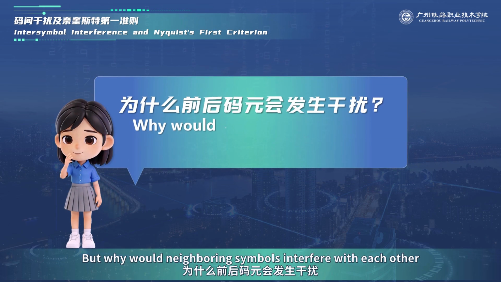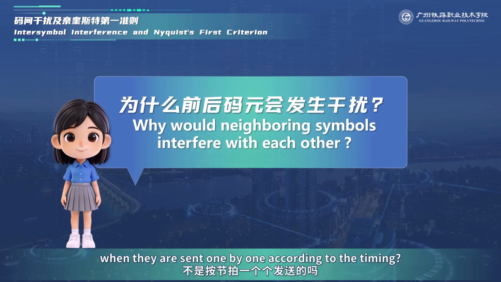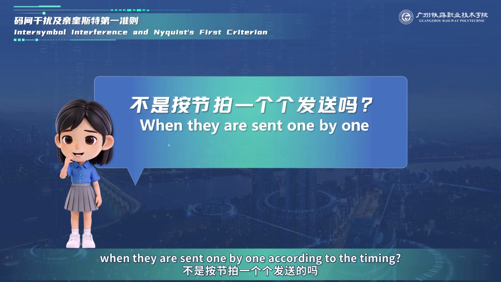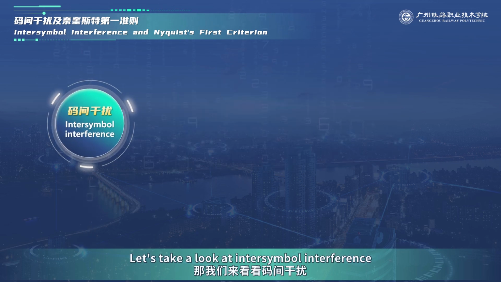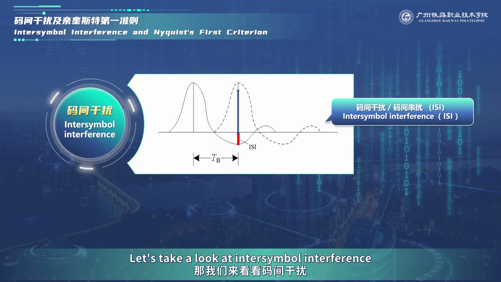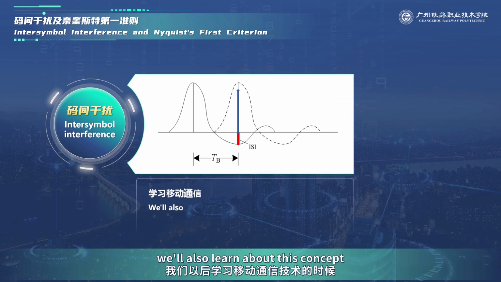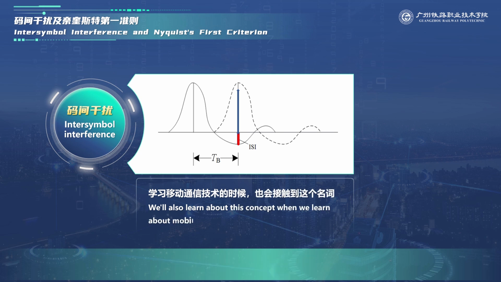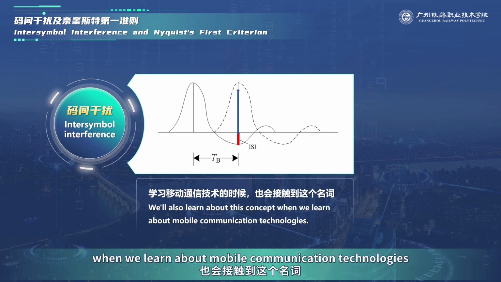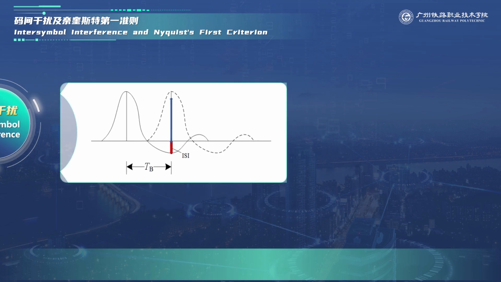But why would neighboring symbols interfere with each other when they are sent one by one according to the timing? Let's take a look at intersymbol interference, or ISI in short. We'll also learn about this concept when we learn about mobile communication technologies.